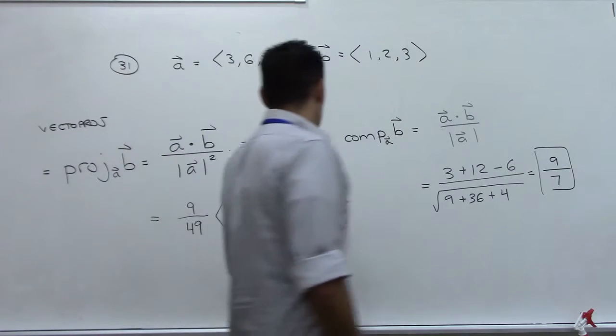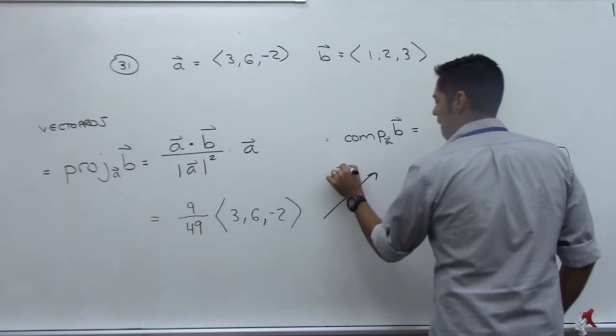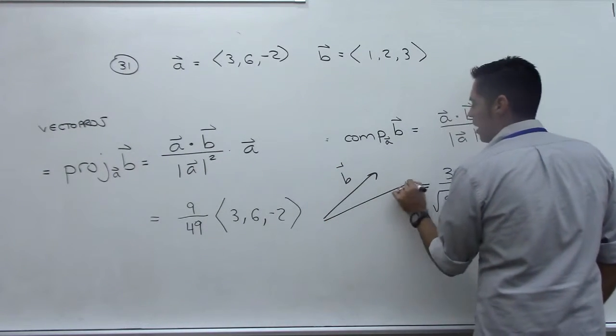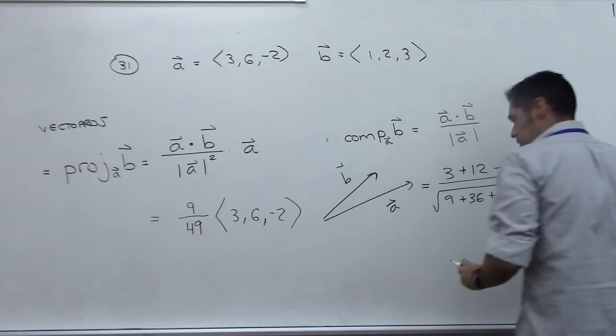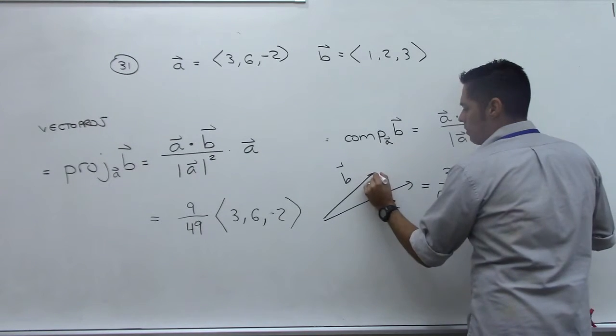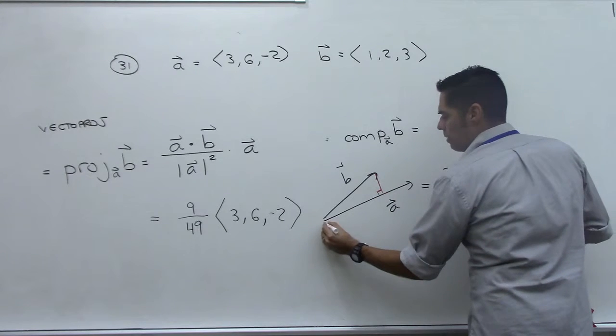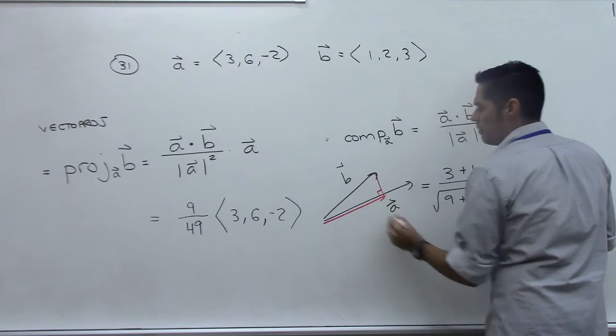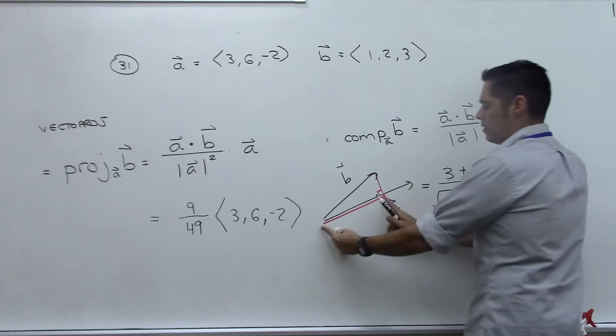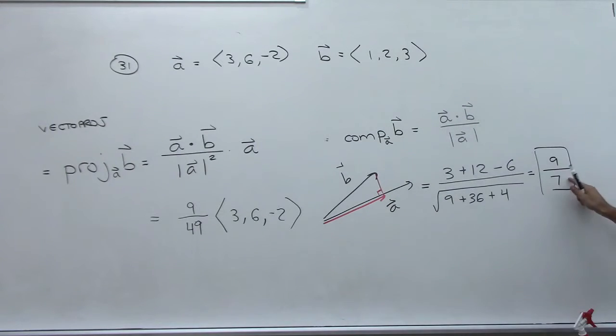Remember, this is a vector, and that's a number. When you take a vector B and project it onto a vector A, which is what we just did, you're dropping a perpendicular down and coming up with this vector right here. The length of this vector is 9/7.